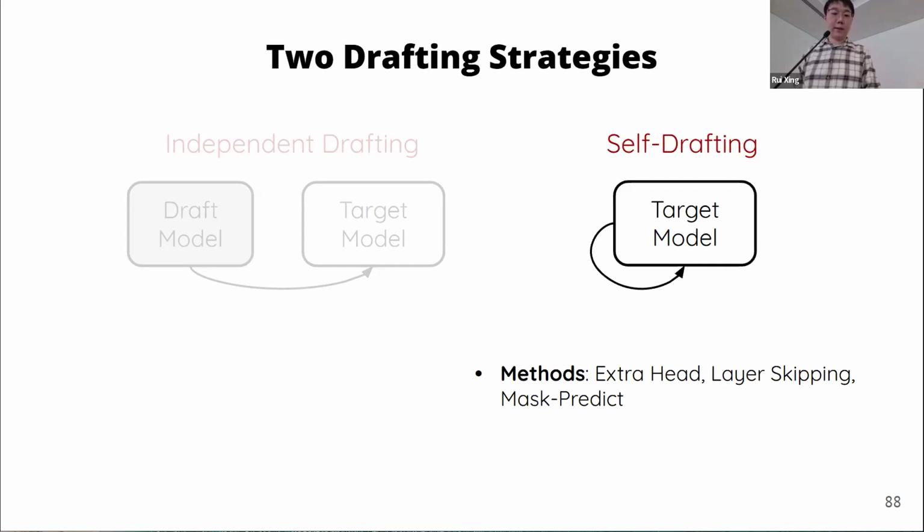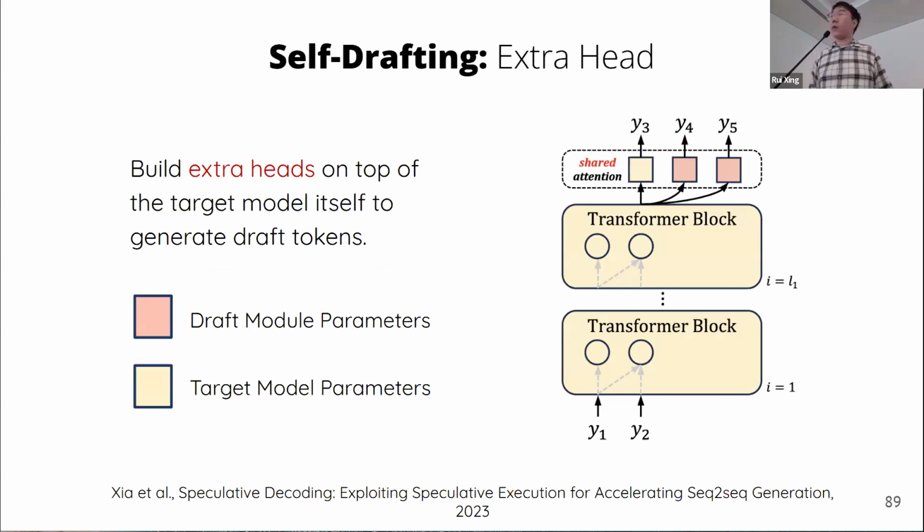Okay, let's talk about the self-drafting methods. The first is the extra head. It has already been explored in the pioneering block-wise decoding method. It uses the target model parameters and some extra heads to predict the subsequent tokens in parallel using different heads.